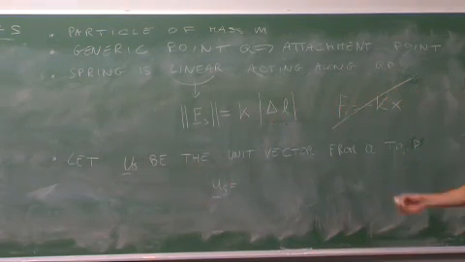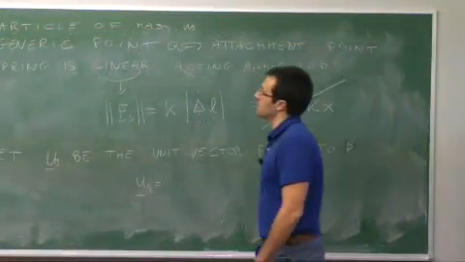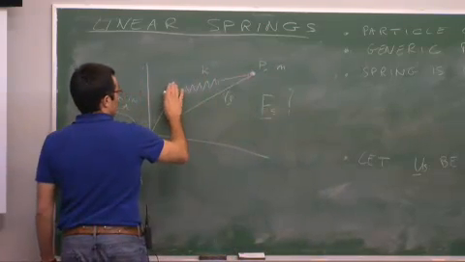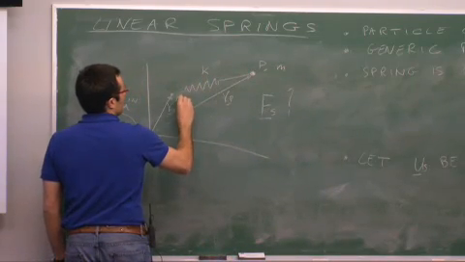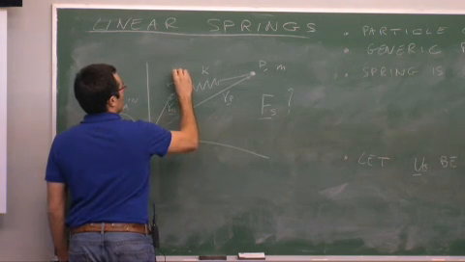With the information I've given you. It's the unit vector that goes from the attachment point to the particle of mass m. So keep moving this Q up and down here, I'm sorry. It's this unit vector here.